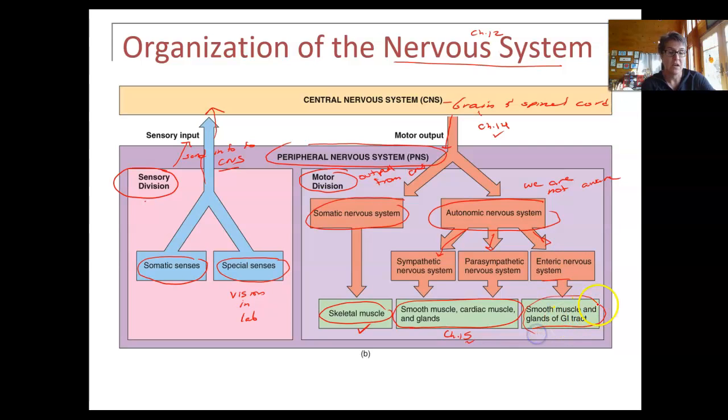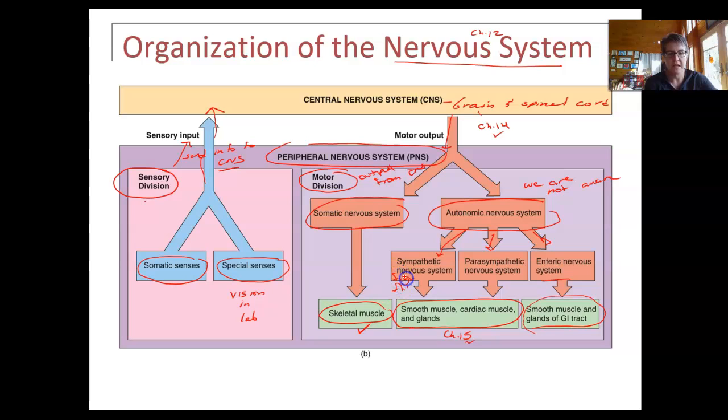So the GI tract is pretty much locally controlled, but there is some output coming off the brain specific for these millions of neurons that populate your gastrointestinal tract. All right, but I want to go back to this. The autonomic nervous system has two main branches that you guys think of. The sympathetic nervous system is the fight or flight.